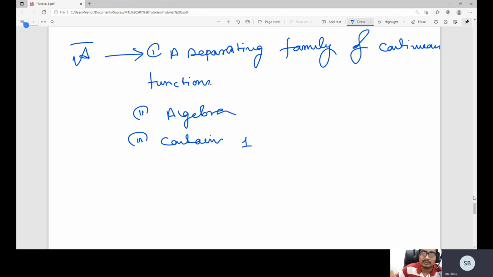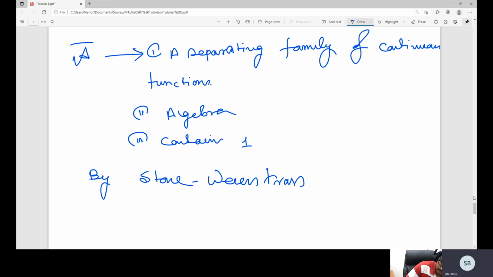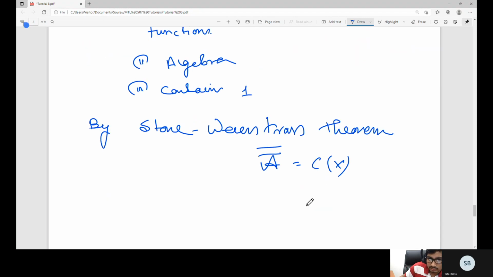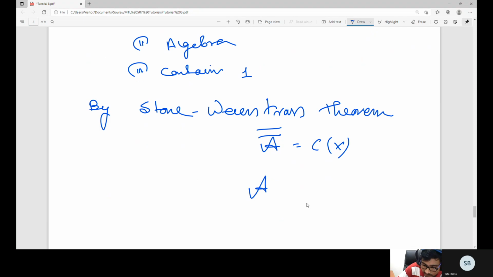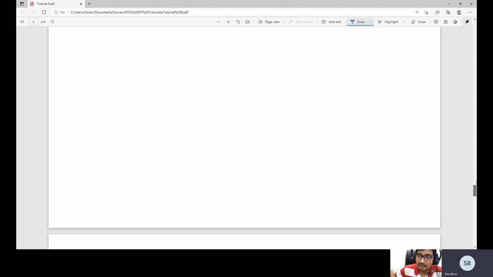Then by the Stone-Weierstrass theorem, you have the closure equal to C(X). But the closure is closed, so the closure is simply equal to C(X). Fine, the proof is done.